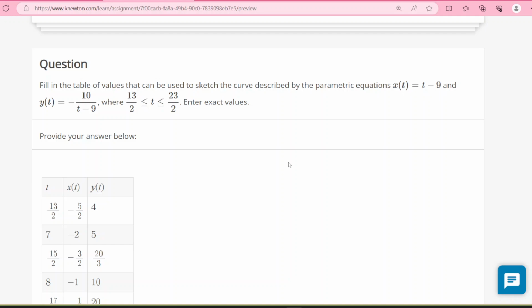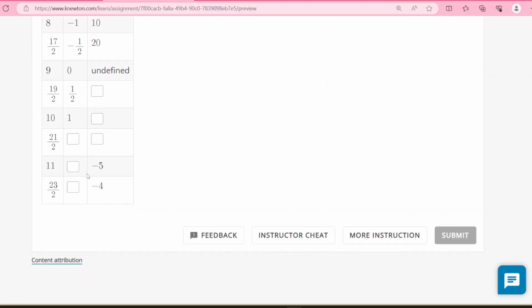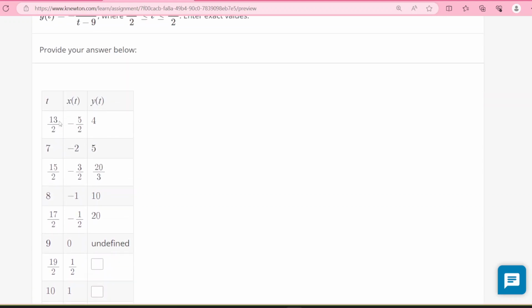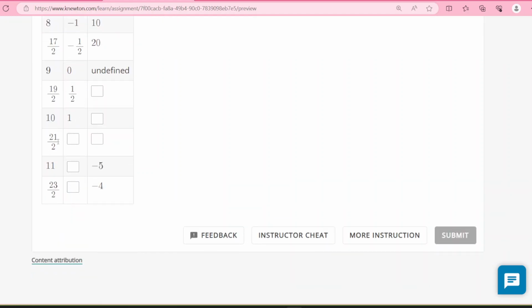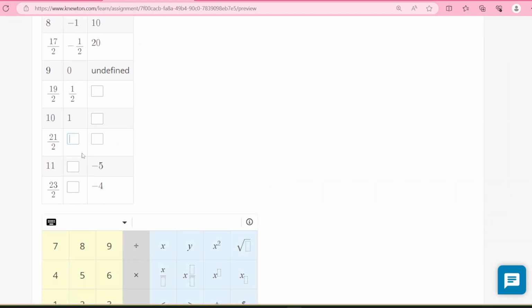If x is t minus 9, so whatever the parameter value is, x is 9 less than that. So down here, 21 halves minus 18 halves would be 3 halves. So 3 halves for that x. 11 minus 9 is 2. And then 23 halves minus 9, again 18 halves, that'd be 5 halves.